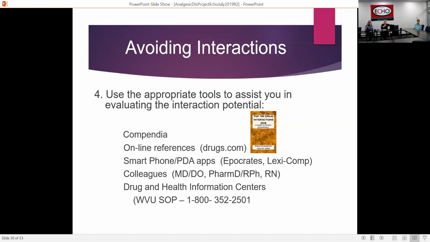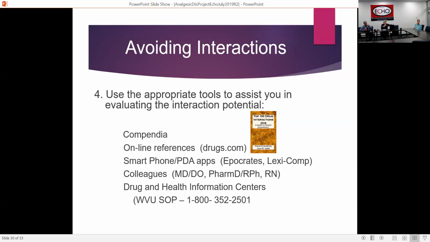So what are your options? You have compendia. I just put Top 100 Drug Interactions 2018, and these two fellows who wrote this book, it's a textbook. Textbooks are classically out of date, probably two to three years prior to publication.